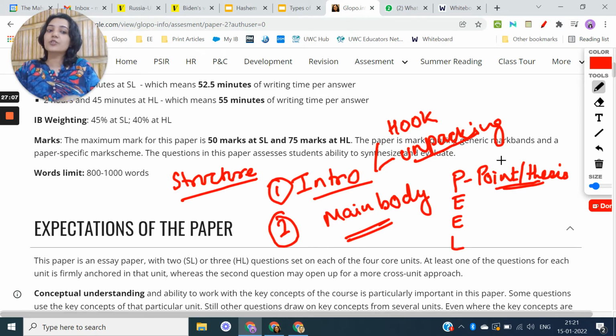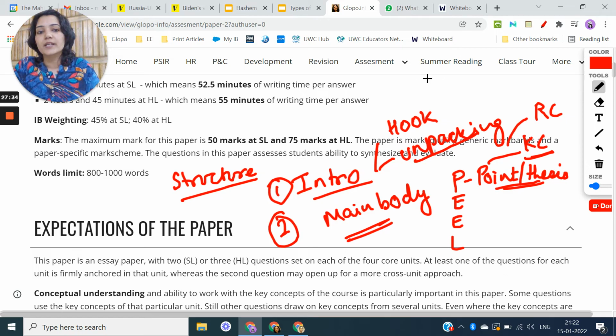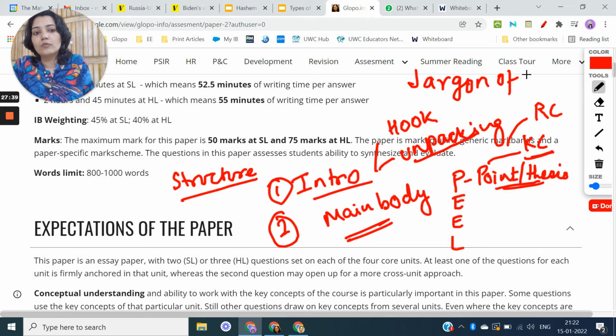This point or thesis usually we build on the basis of the key concept, okay? We are using the key concept or we are using the related concept. What is the difference between the key concept and the related concept? The key concepts are the 16, and the related concept could be those important concepts which are not falling under key concept, but we are calling them the jargon of global politics, okay?